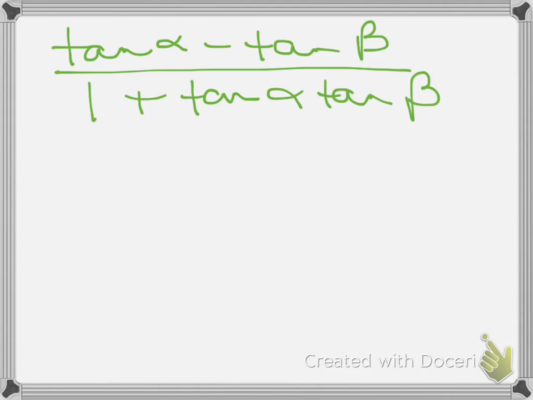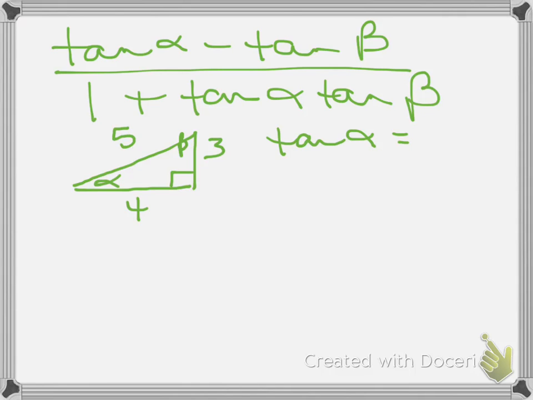So when we look at our formula for tangent of alpha minus beta, we have our formula that I've pulled off of our sheet. If we know that we have our triangle that is labeled appropriately, and this is alpha and this is beta, then we can pull tangent of alpha and tangent of beta from that triangle as well. So tangent of alpha would be side opposite over adjacent, so it would be 3/4.